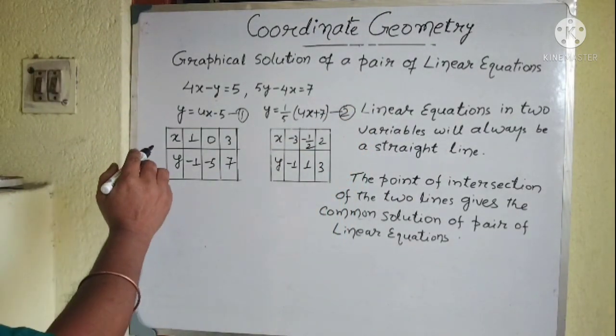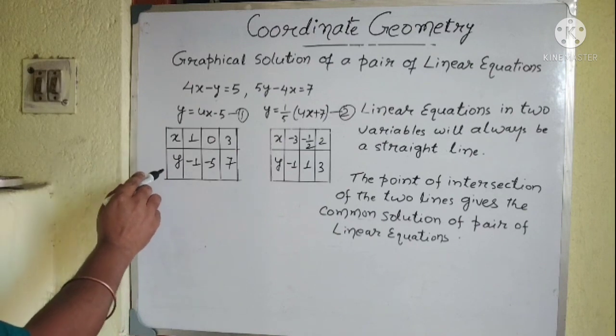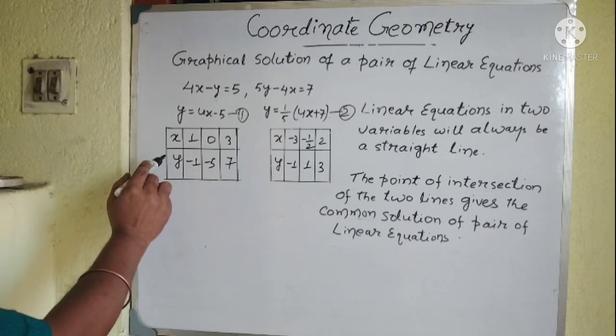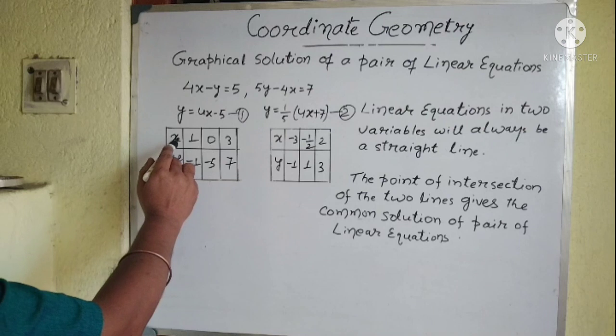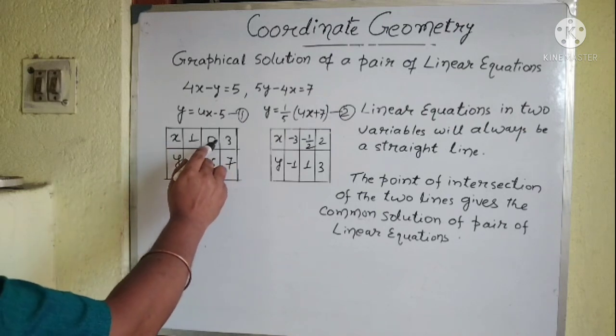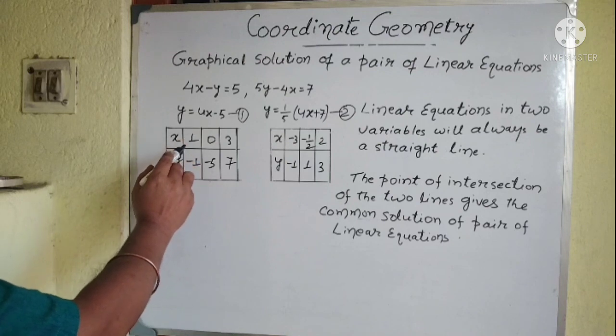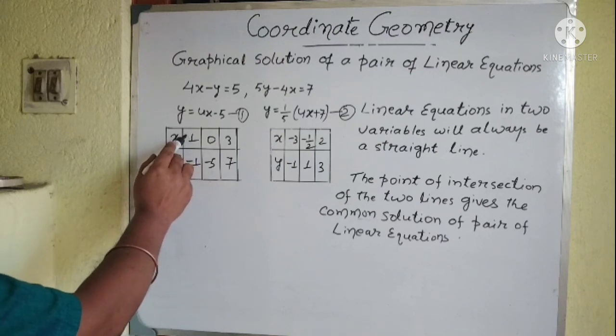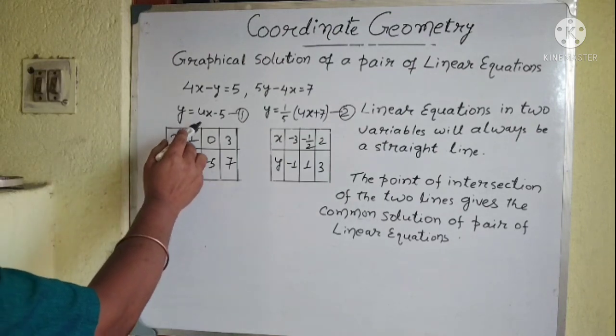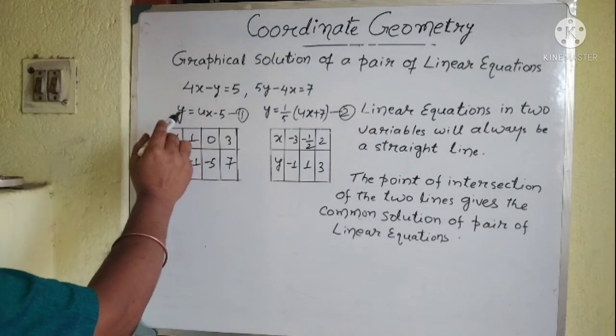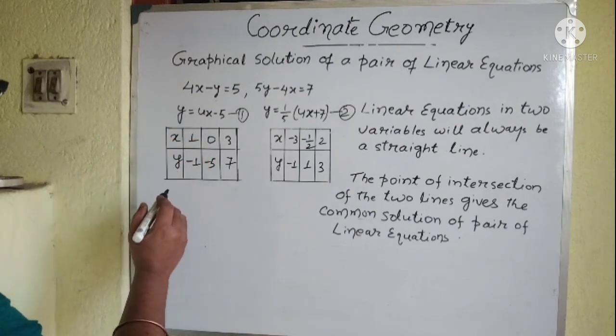Now make a table like this, x, y, and these are the corresponding values which you have to take. You can take any values and you need to substitute this value of x and find out the value of y. Like I am showing it.